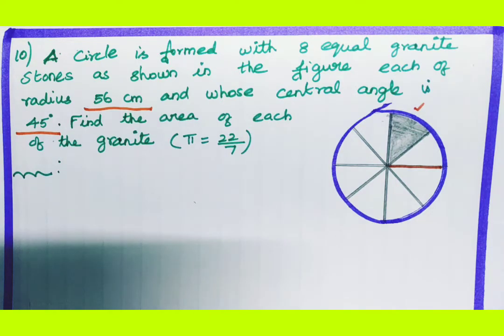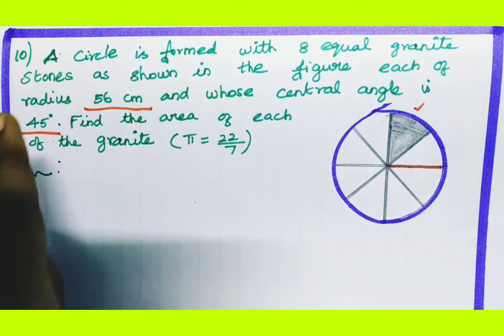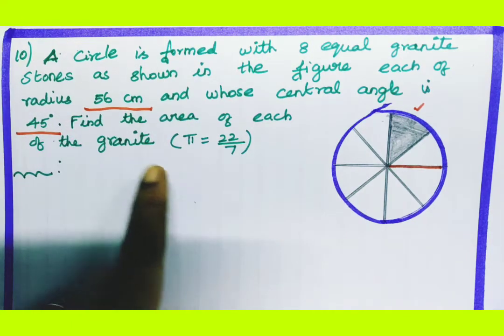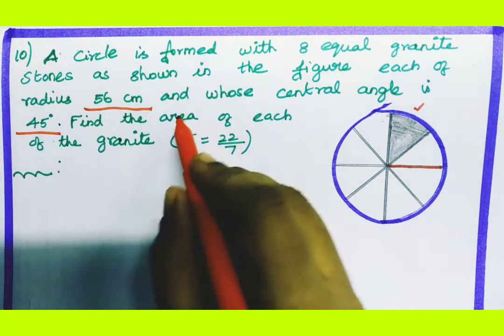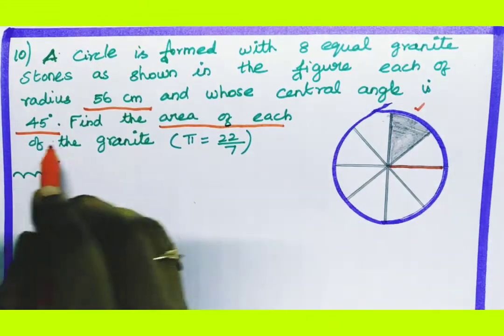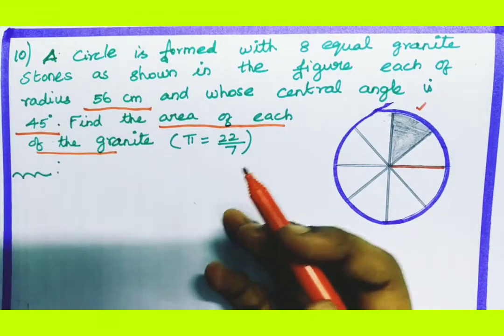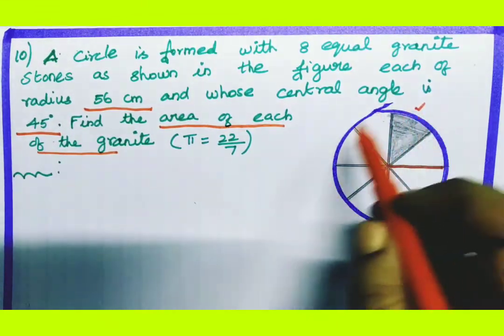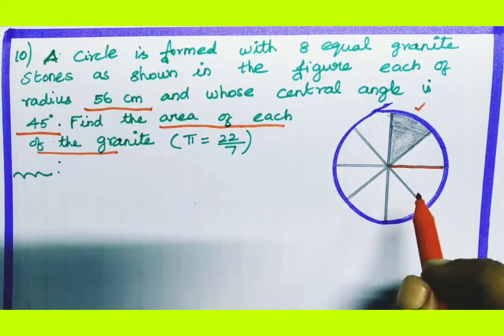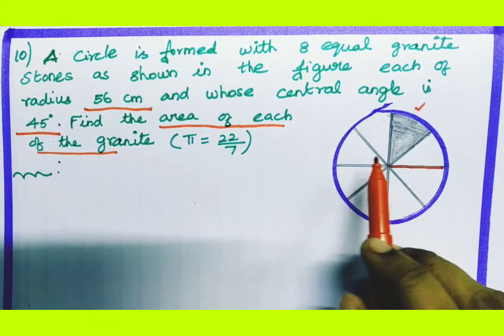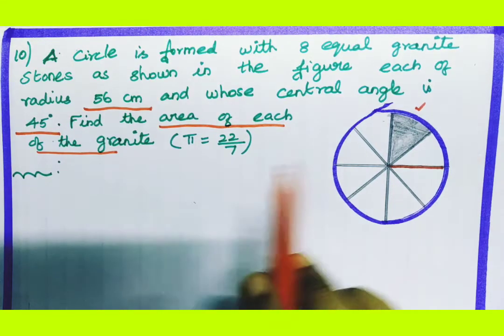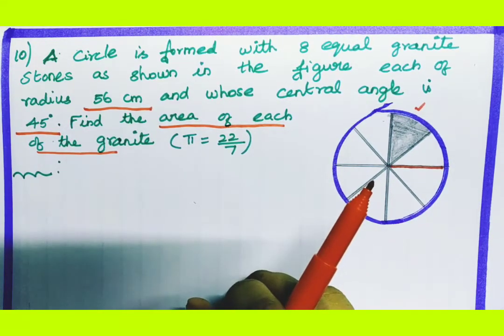So here we can use two formulas. One is according to the degree, we can use the area of the sector formula here, or since the number of parts is given, we can use that, the area of each sector formula.